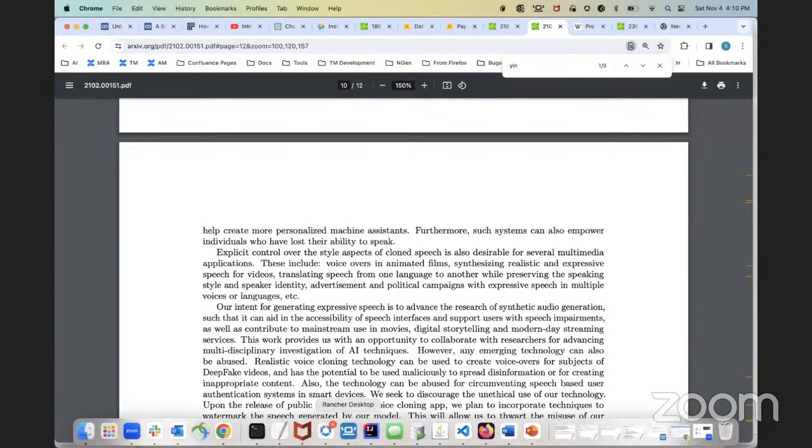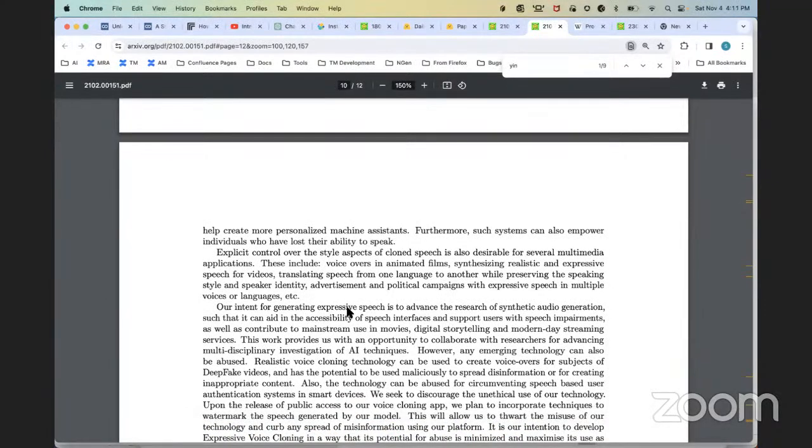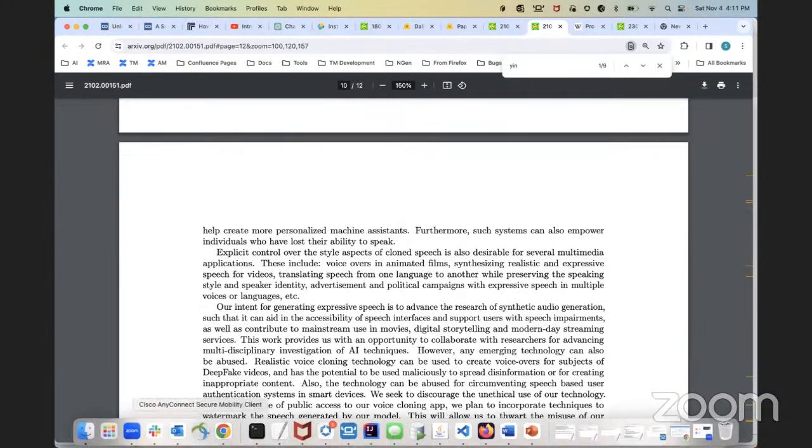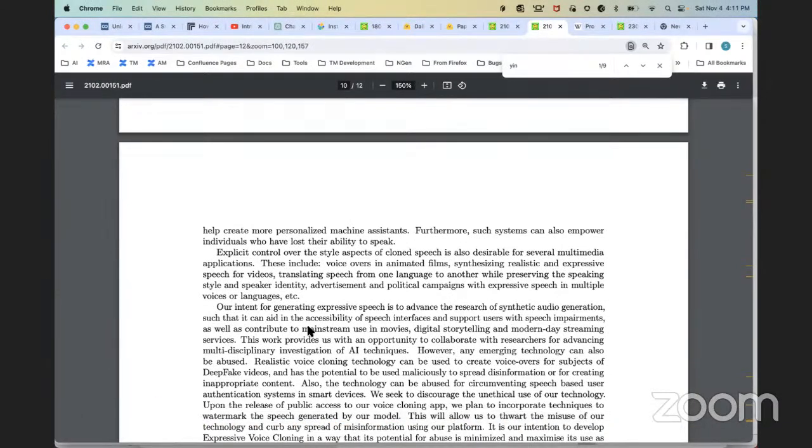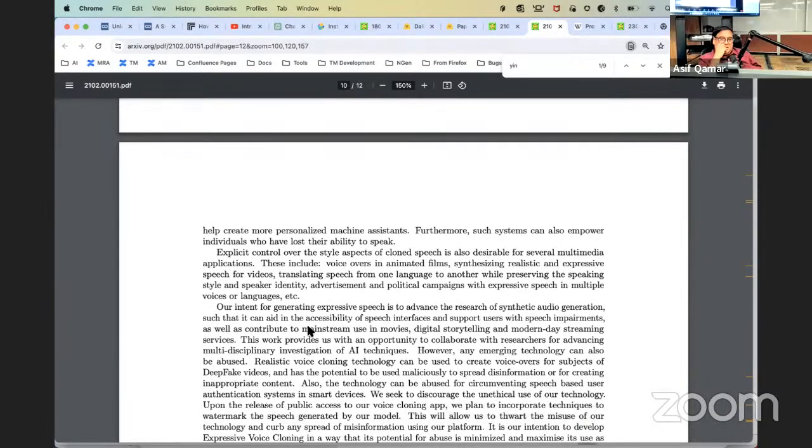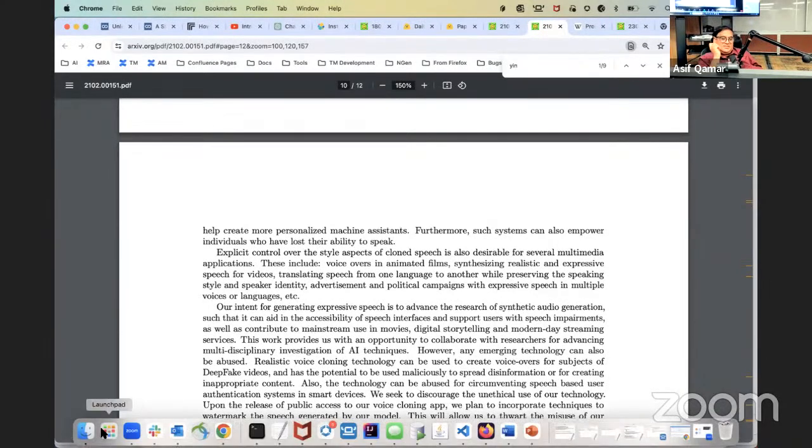Asif, an unrelated question to this. When you talk about emotions, do you think that reproducing a song by an artist, including the components of emotions, is something that's also easily reproducible? I think it will be, we are almost there. See, here's the thing. At this moment, synthetic voice generation can still be told apart.